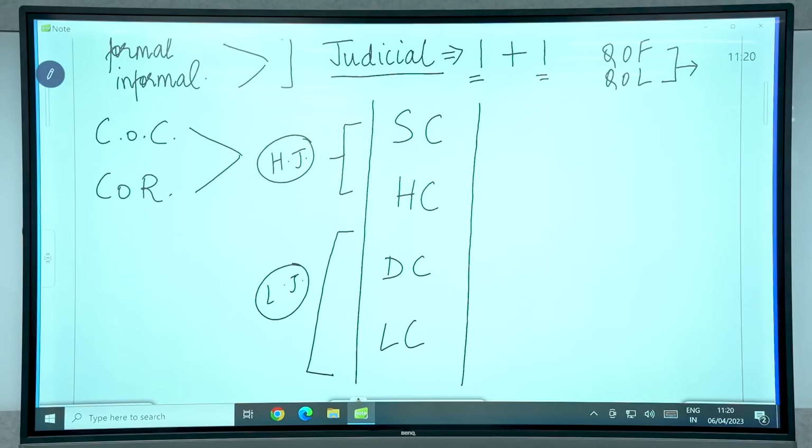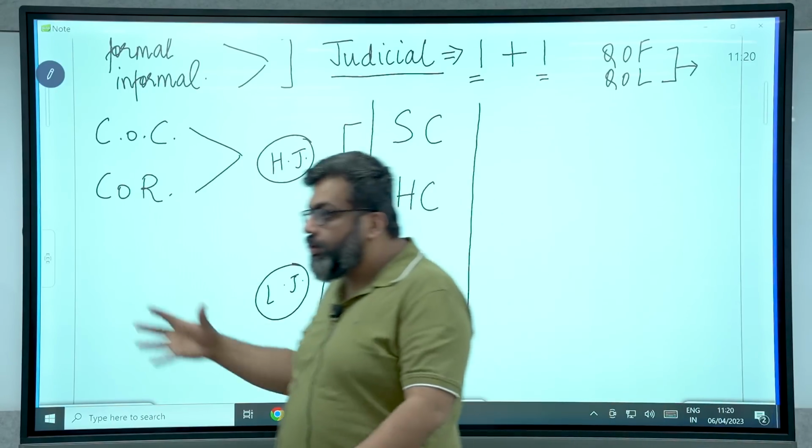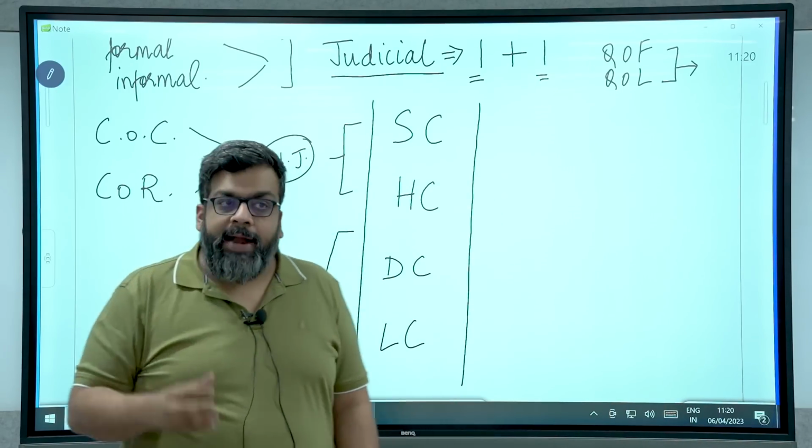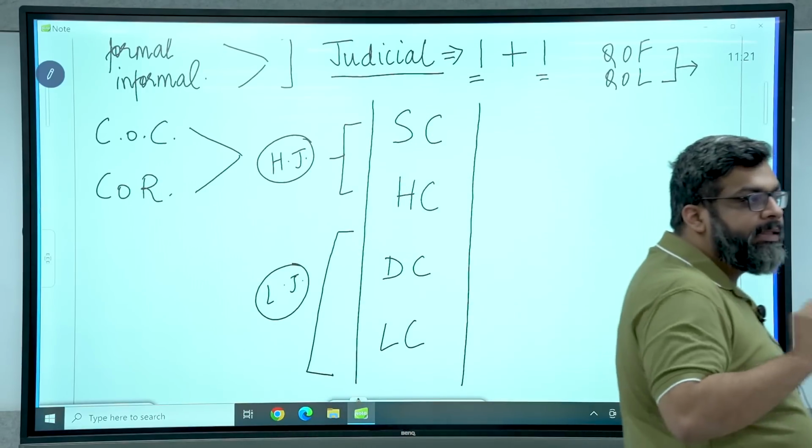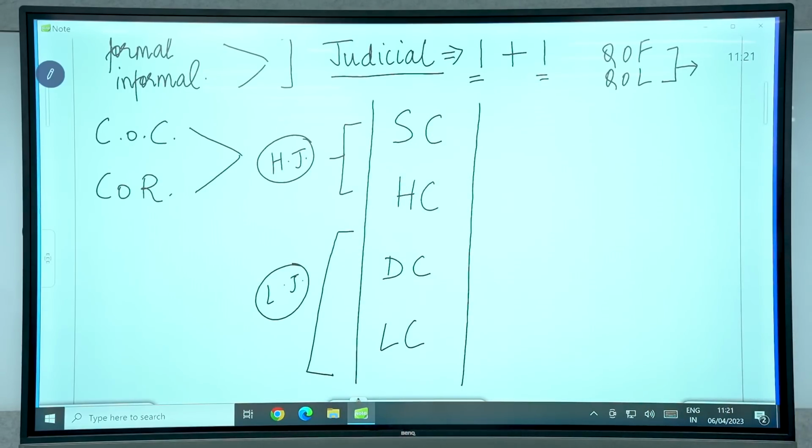So there are two things. One, what is being presented before the court during a case, and two, what the court has said to you, what the court has given to you in the form of a judgment. Now, in the legal world, a judgment, an order, a decree could mean different things.